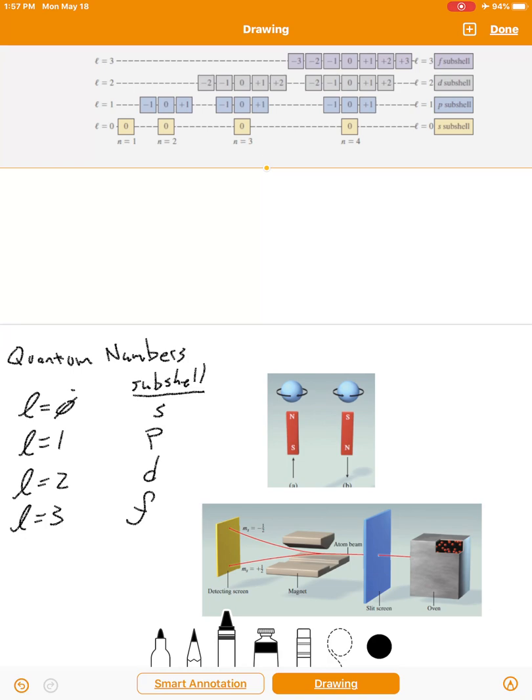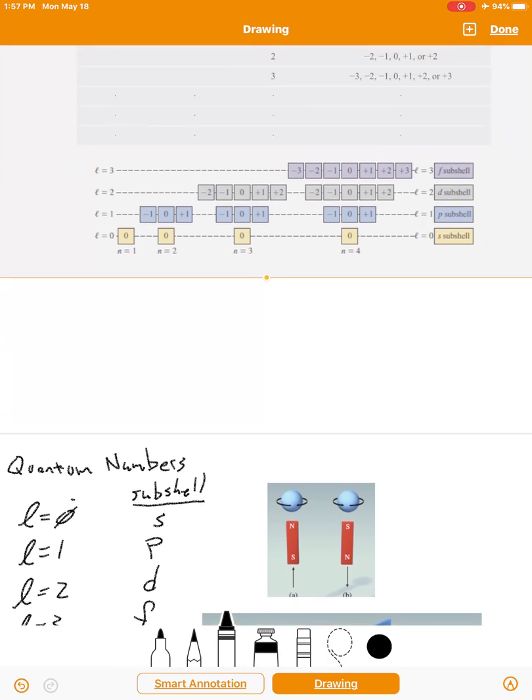Okay? So if you take a look at this diagram, go all the way up to n equals 4, all the way to the right. There are 4 separate subshells there. There's the L equals 0 subshell, which is called an S subshell. It has 1 box. The second one up is L equals 1. That would be called a P subshell. There are 3 boxes in that subshell.